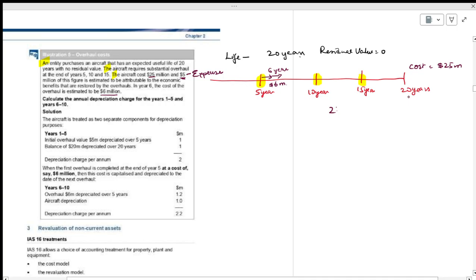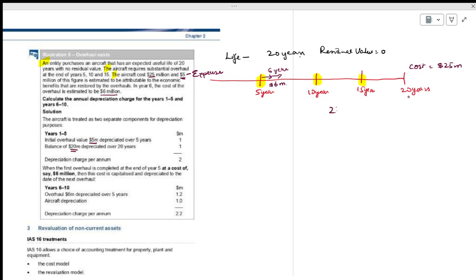When you have the cost, I will not do anything here. The aircraft is treated as two separate components for depreciation. What are the separate components? One is for 20 million, one is for 5 million. They have purchased the aircraft.